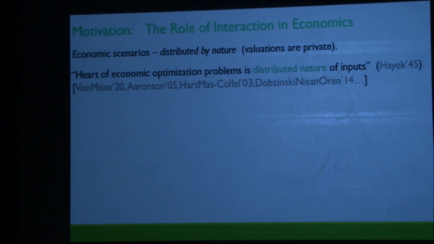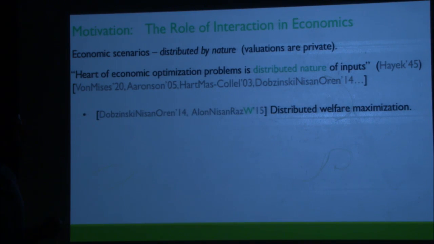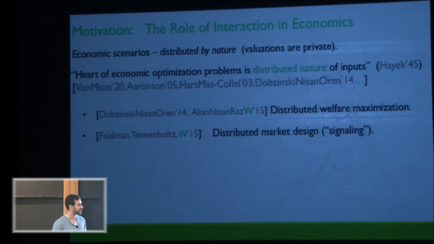This is the typical situation. And therefore, at least in some sense, economic scenarios are a classical fit to studying distributed computation. And this point of view gives rise to distributed welfare maximization questions and distributed market design or distributed signaling problems.